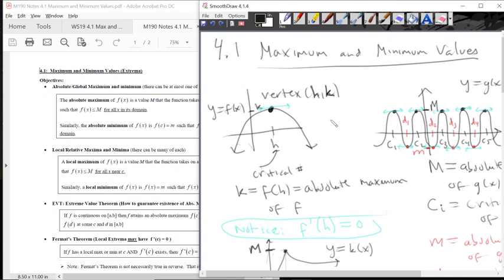So the graph over its entire domain, we say, has no absolute minimum, or that the absolute minimum does not exist. So no absolute minimum, okay, but it does have an absolute maximum.